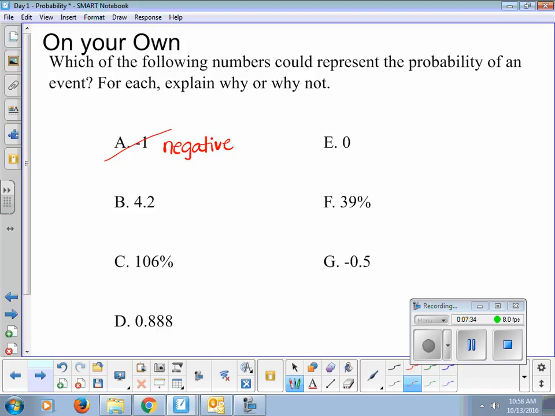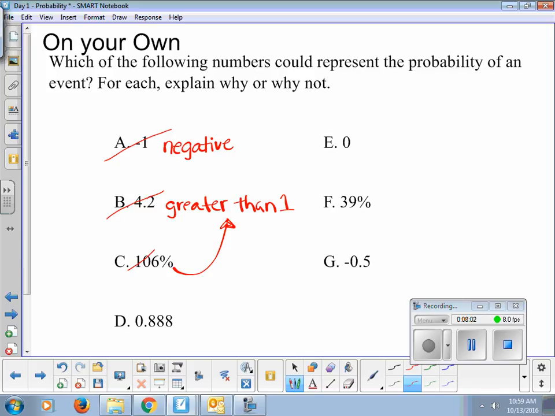Can we have a negative probability? No, because we want our probabilities to be between 0 and 1. What about 4.2? No, because it's greater than 1. And what about 106%? Nope, it's greater than 100%.